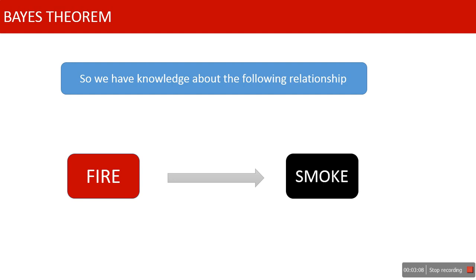If we depict this relationship knowledge, in our case it is fire to smoke. In a general case, this side will be the class attribute and this side will be the data attribute. So from a given table we can compute the probability of observing data, in this case the probability of observing smoke given that there was a fire.